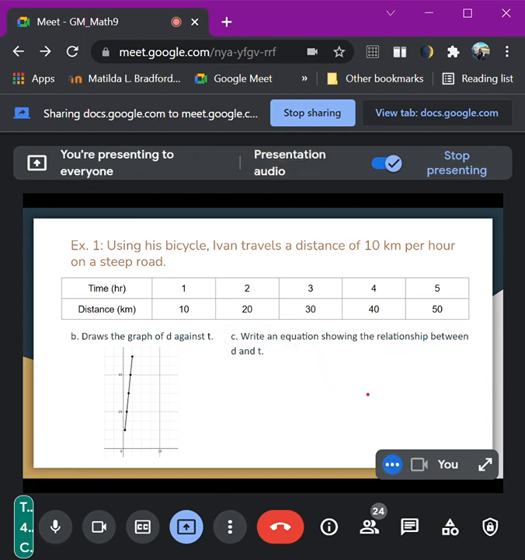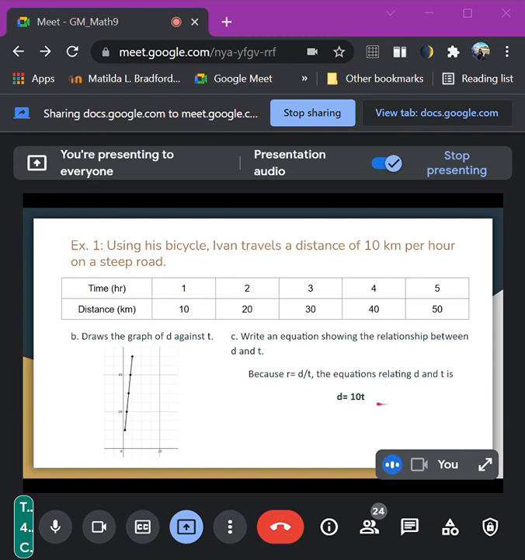So, using lang yapon sa gihatag ganina sa second slide, which is y is equals to k times x. So, your y there should be your distance. So, you can say that d is equals to 10 times t because you have there your ratio a while ago was 10 man, diba? And then, ingon man ta nga atong constant, mao siya to ang k.